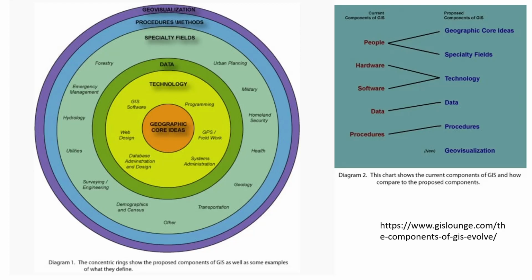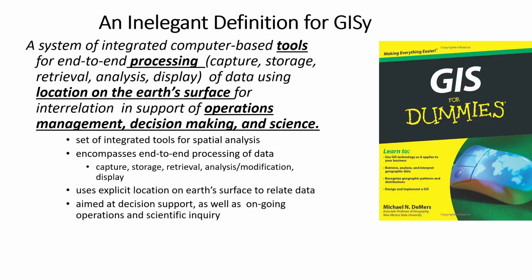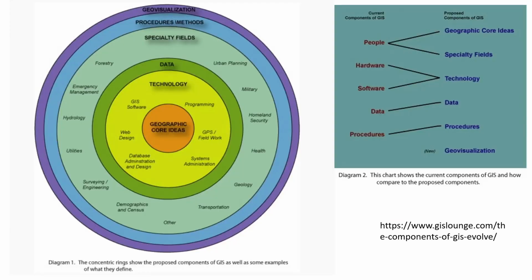Hardware and software, the combination of hardware and software, we should call technology. This technology uses spatial data, and then we use different methods and procedures to get our result, geovisualization of our data. Not just data, but our ideas about the data.